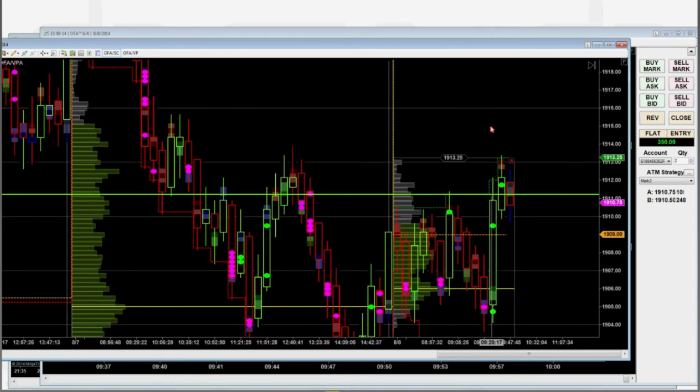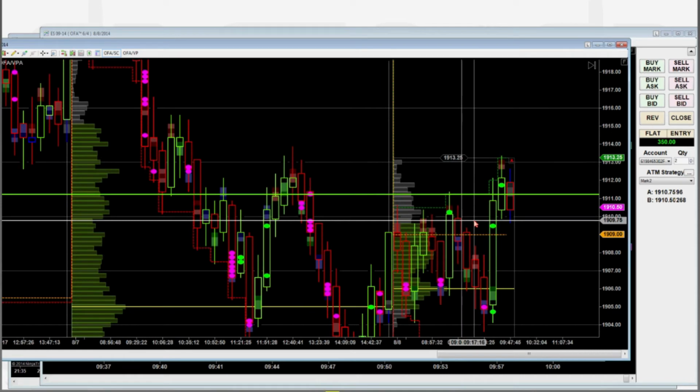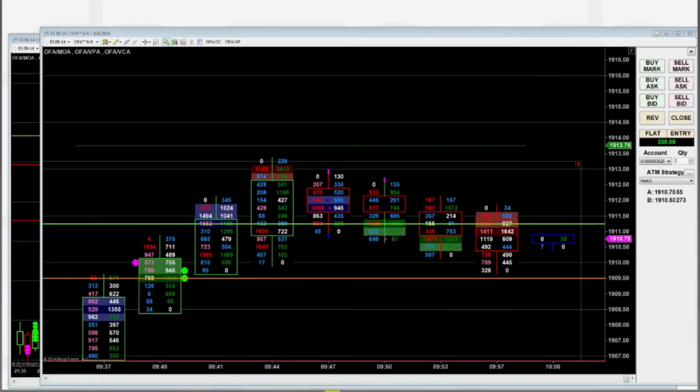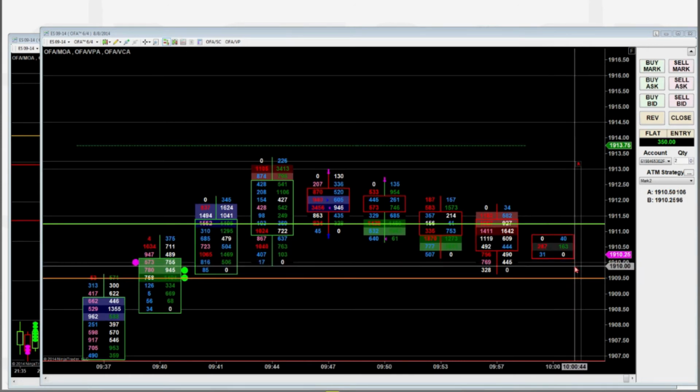So now I've got to look in my day here. I've got a little bit of a low volume area right here at 909.75, and I believe we had opening swing high down here, yeah, at 909.50. But I can tell you this is just a little bit of an odd auction.